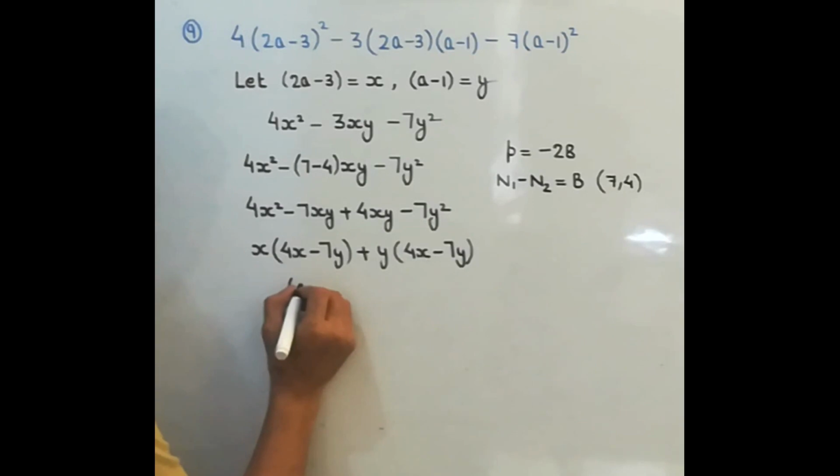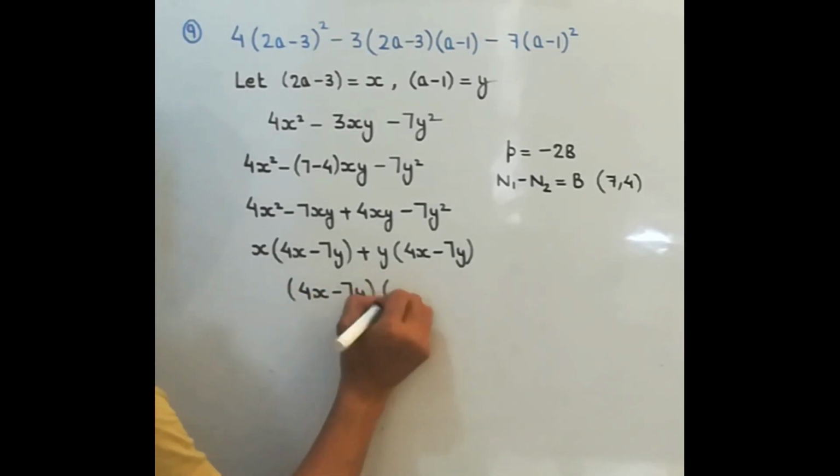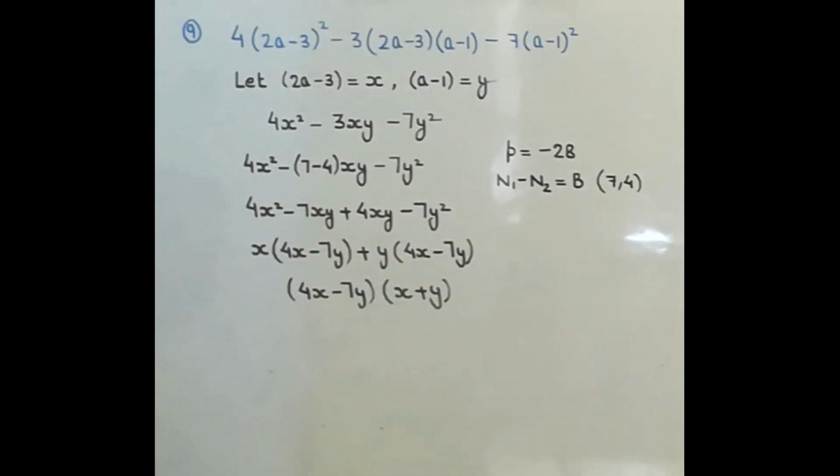So here we have factorized it in terms of x and y, but the question was in terms of a. See, the question was in terms of variable a, but we have got it in terms of x and y, so we have to resubstitute the values over here.